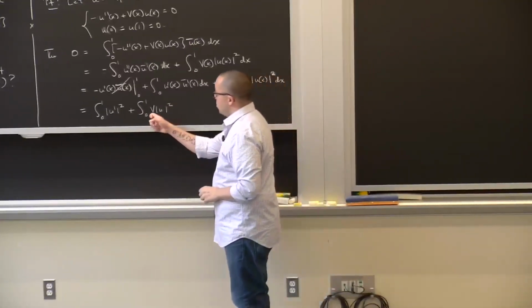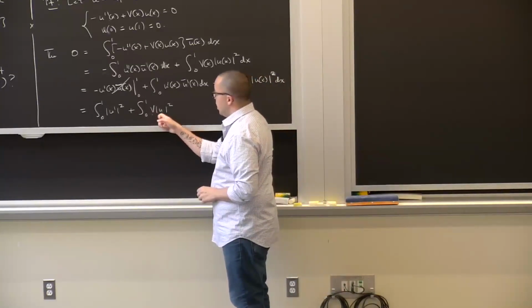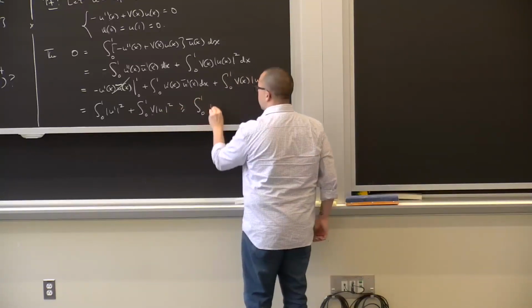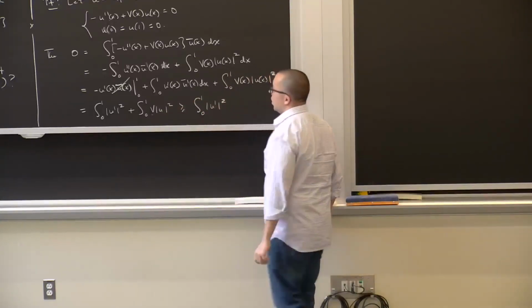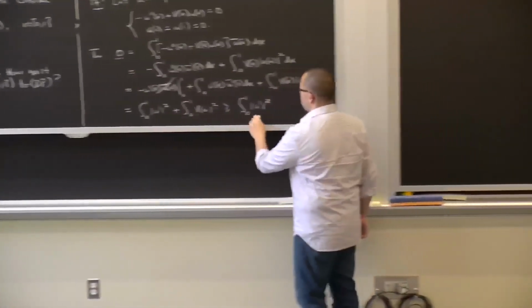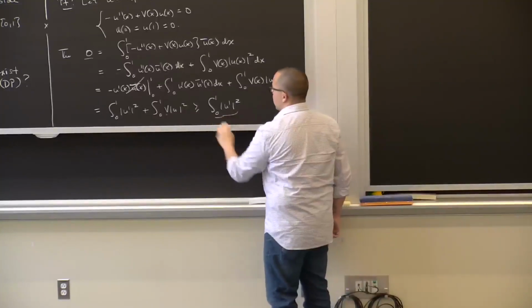Now, since v is non-negative, v times the absolute value of u squared is non-negative, so this is certainly bigger than or equal to the integral from 0 to 1 of |u prime| squared. And remember what I started off with was 0. So I showed 0 is bigger than or equal to this non-negative quantity.